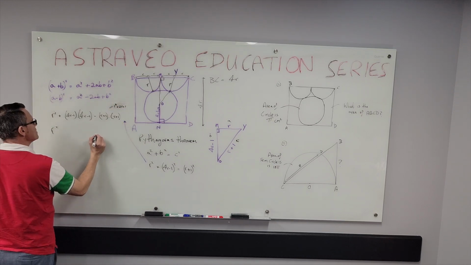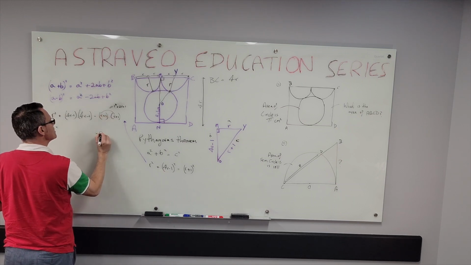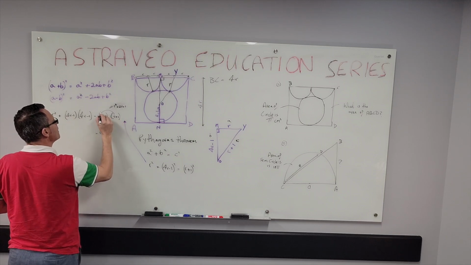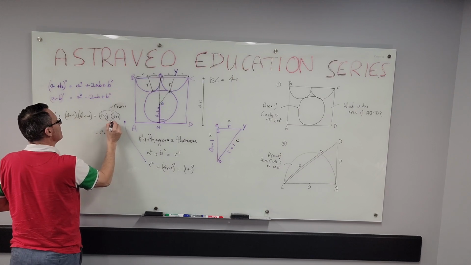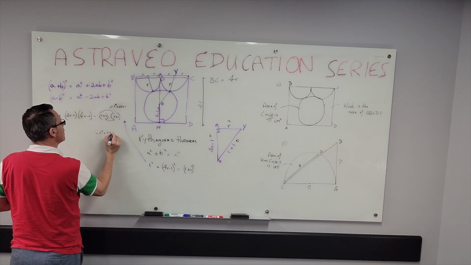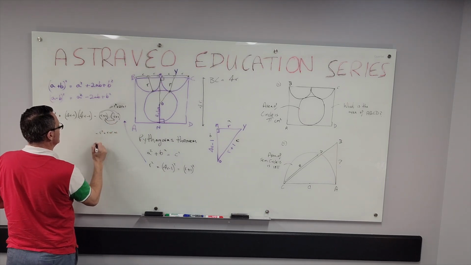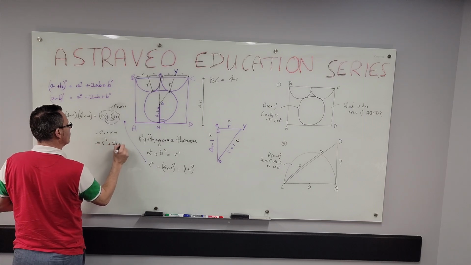So I'm going to do this side first. Now the eyebrow method is this number times this number. That's a plus sign, so it would be plus r. Same with this one, plus r, and then 1 times 1 is 1. So you'll get r squared plus 2r plus 1.